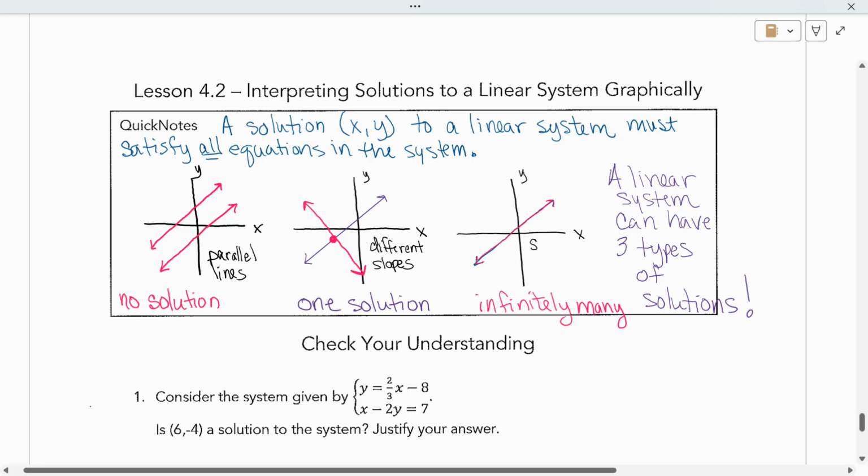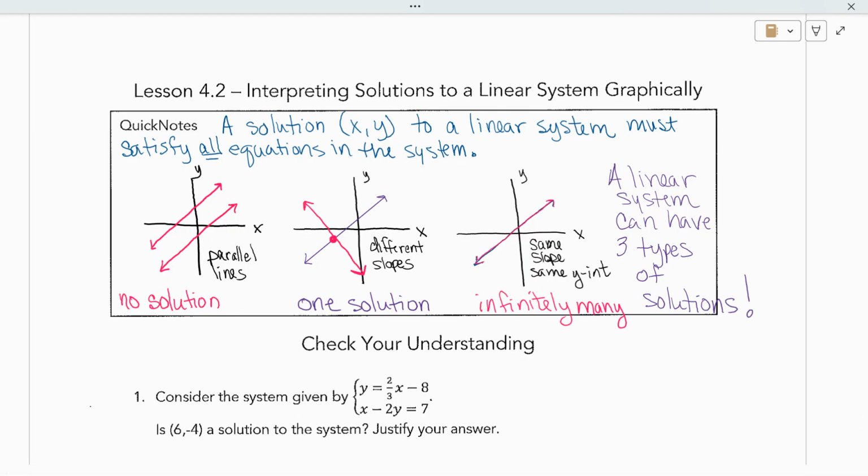Infinitely many means that they have the same slope and the same y-intercept. So you can recognize them without graphing them. Same slope, same y-intercept.